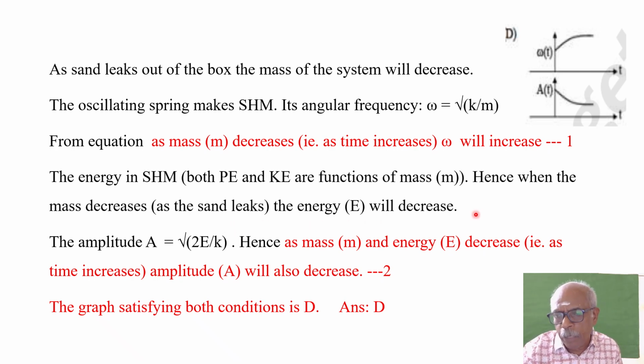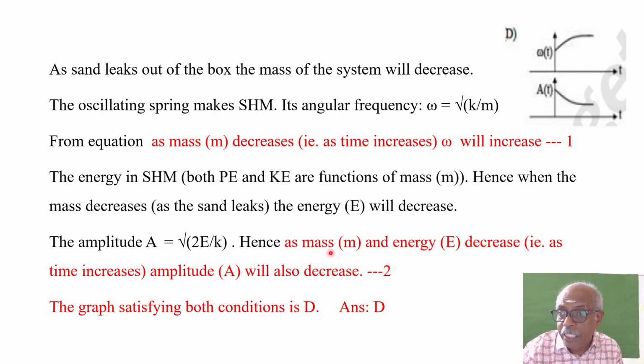There is a relation connecting the amplitude of the system and the energy of the system. The equation is capital A is equal to square root of 2E by K. It means if energy increases, amplitude will also increase; if energy decreases, amplitude will also decrease. When mass decreases, energy will decrease and amplitude will also decrease.